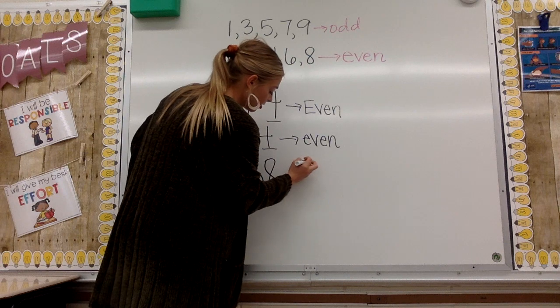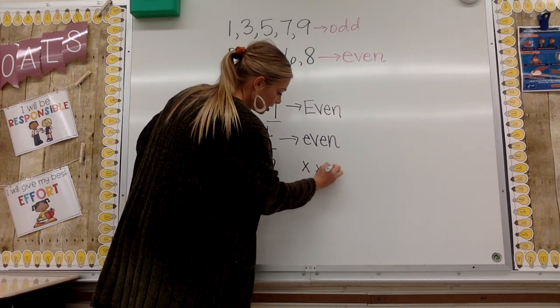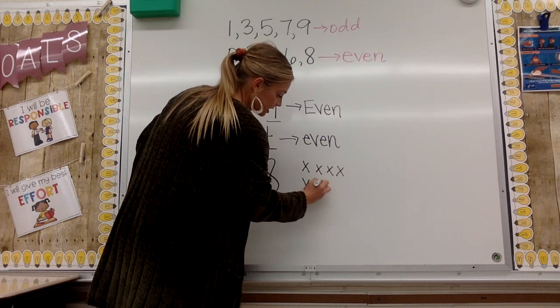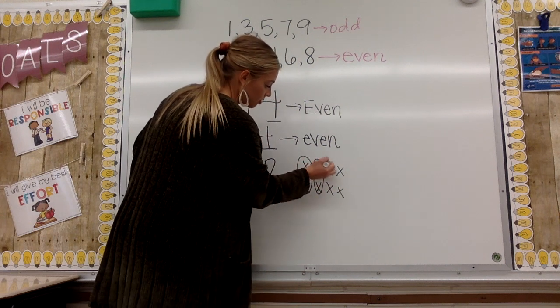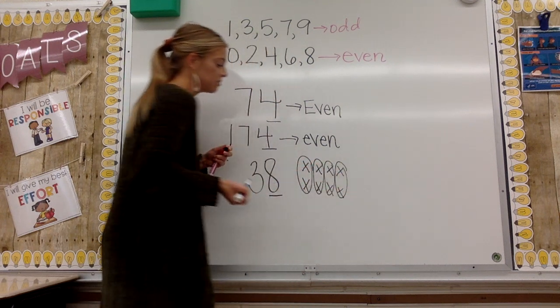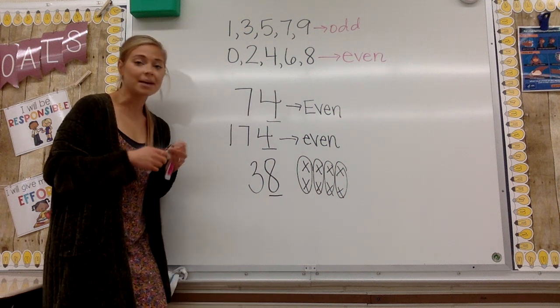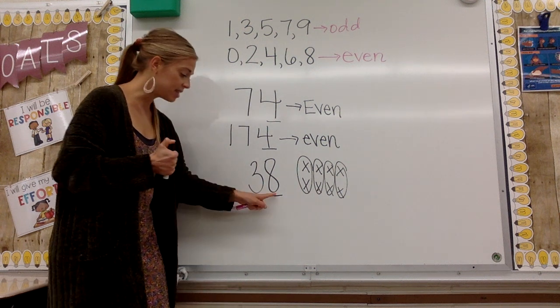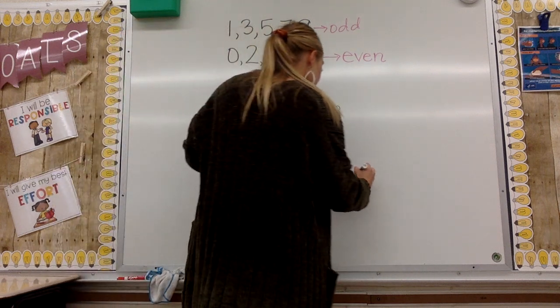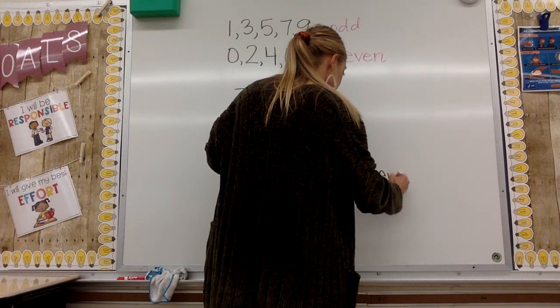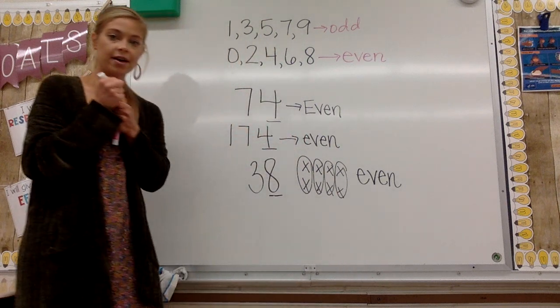If I have 8 dots or X's, 1, 2, 3, 4, 5, 6, 7, 8, I can evenly group them up in groups of 2. That's why 8 is an even number, and any number with 8 in the ones place is an even number. So 38 is also even. Okay?